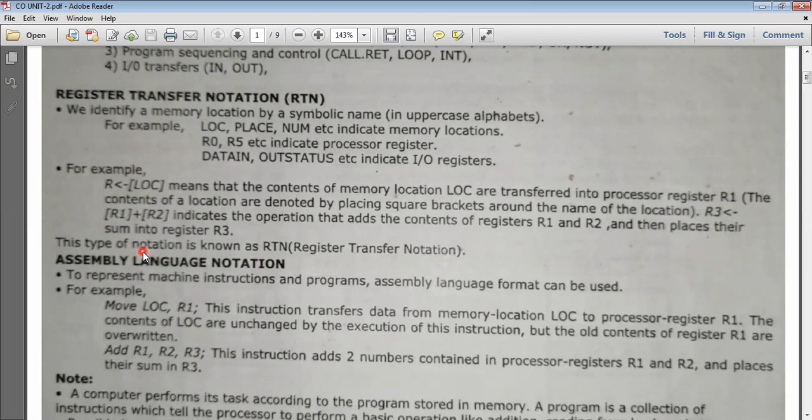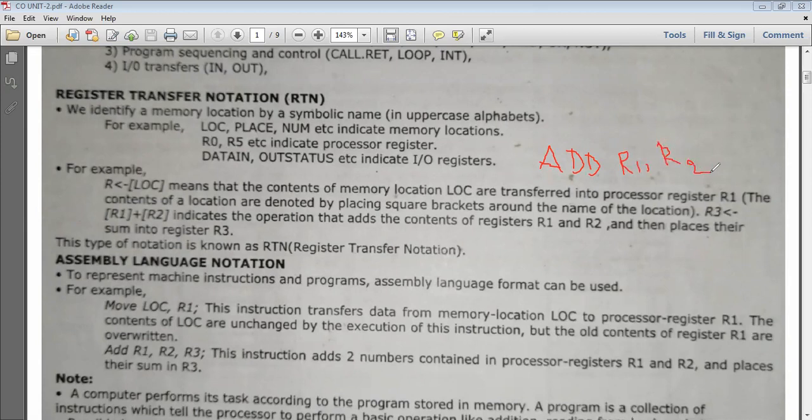Based on the requirement, we write the instructions, which are understandable by the user only. Suppose you take the instruction add R1 comma R2.